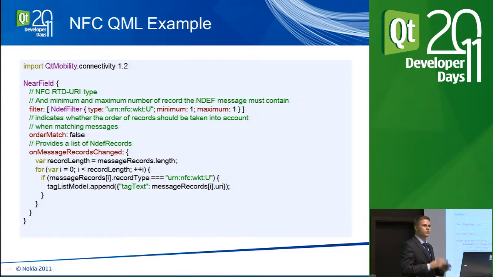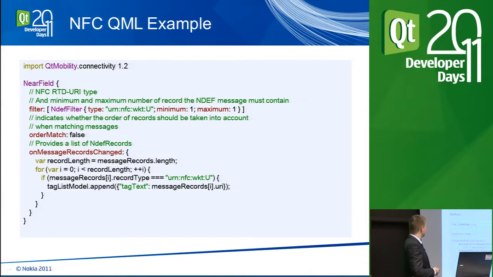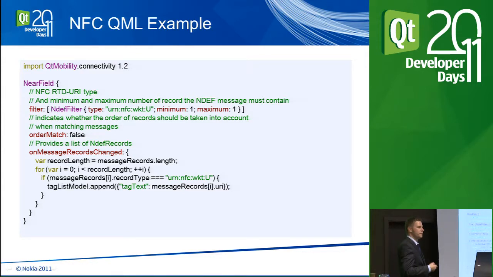So this is also something that we can utilize in a declarative manner. We implement a signal handler, and then we add a block of code for managing the situation when the signal is received. In this case, we are just adding the text from the tags to a list model.